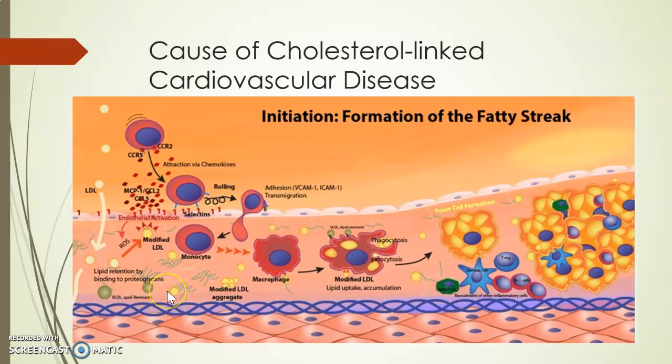After that, you have increased expression of adhesion molecules for the monocytes, and this leads to the attachment and transmigration of the monocytes. Monocytes then differentiate into macrophages. The macrophages then take up the lipids that have aggregated in here, and from there they become foam cells.